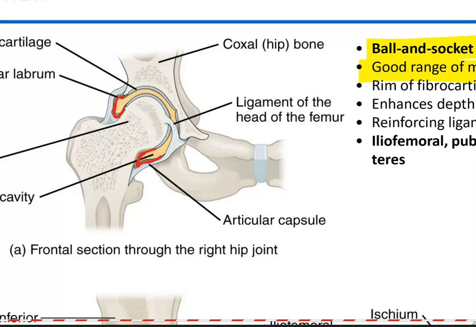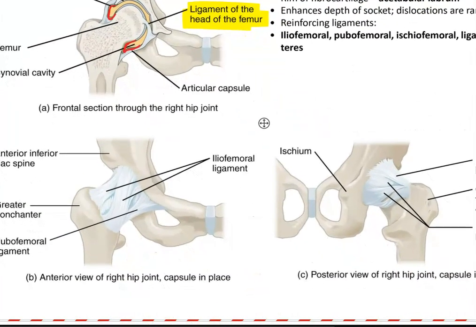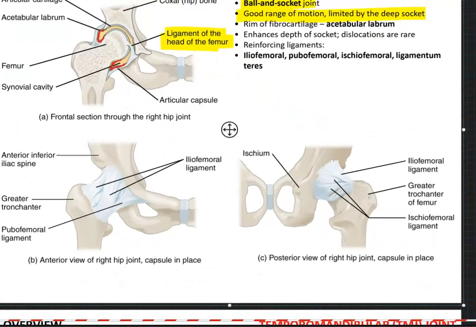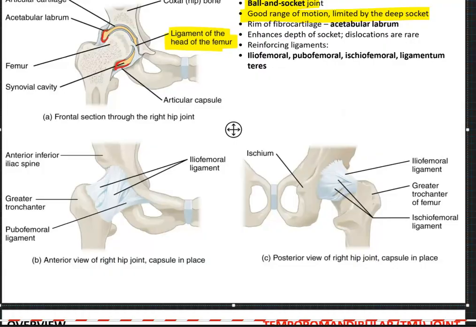Then there are ligaments. This ligament, often called a ligamentum teres, and 3 pretty thick ligaments that connect pubis, ischium, and ilium to the femoral neck. So here, iliofemoral ligament connects ilium of the coxal bone to the femur.